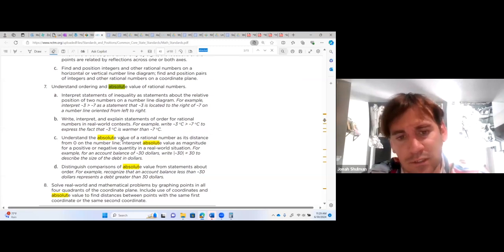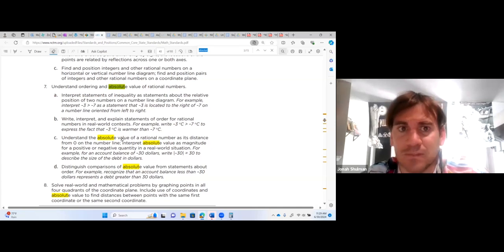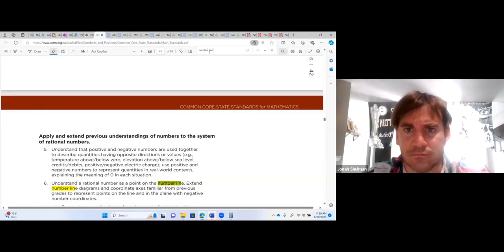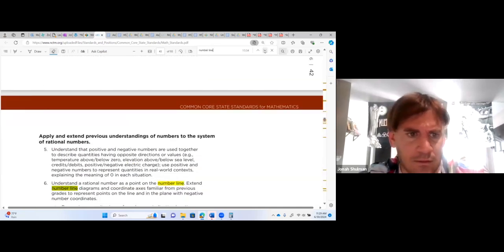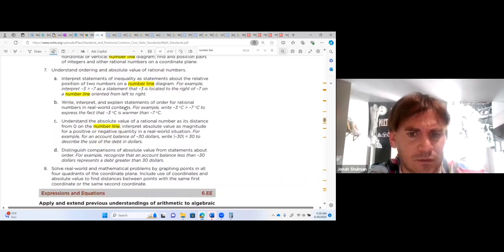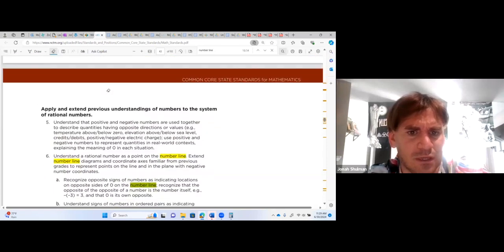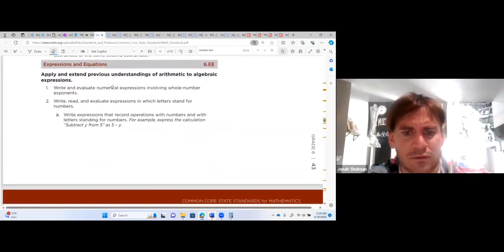So this would be the standard that they're doing, 7.c. I'd write this in and work backwards, but they need more than just 7.c to solve it. They also need the number line. And the number line is, so this question's the 6th grade standard, but here's your number line.